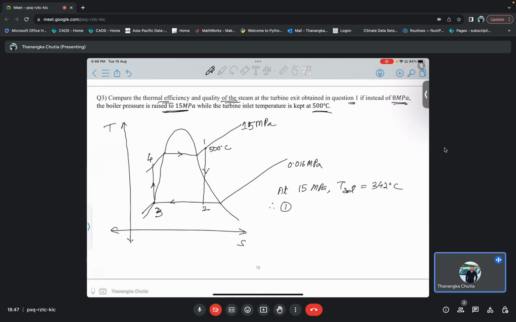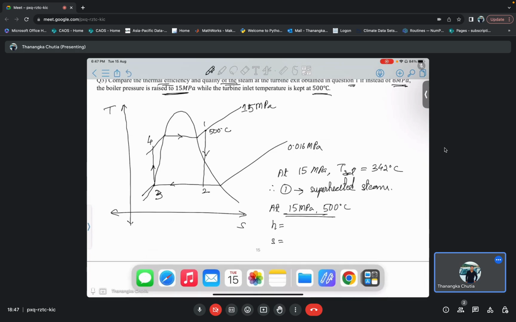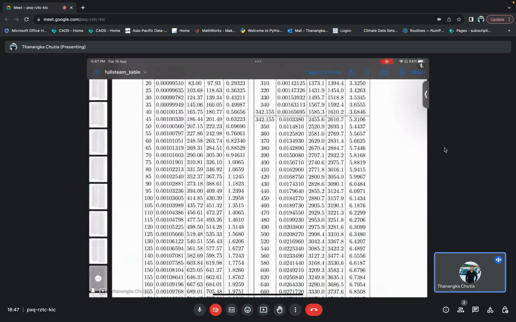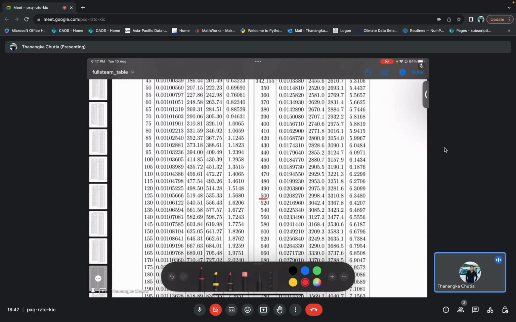So therefore 1 is superheated steam, okay. So superheated steam is now entering the turbine. So therefore at 15 megapascal and 500 degrees Celsius, we have to take H and we have to take S, okay. So this is my 500 degrees Celsius, and this is my H value, and this is my S value.